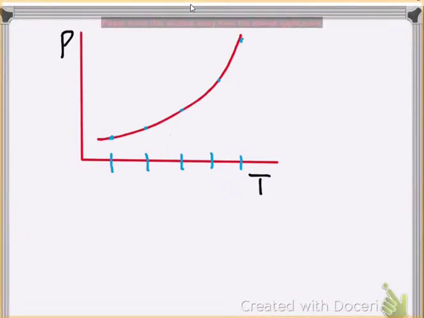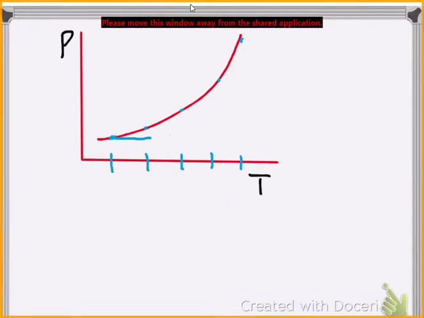And if we draw in our steps, goes like this.